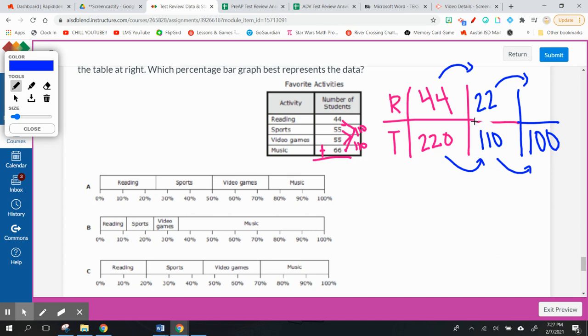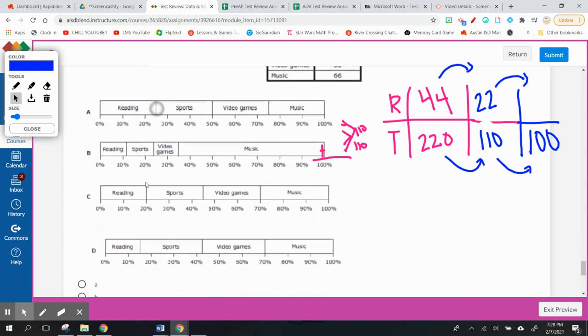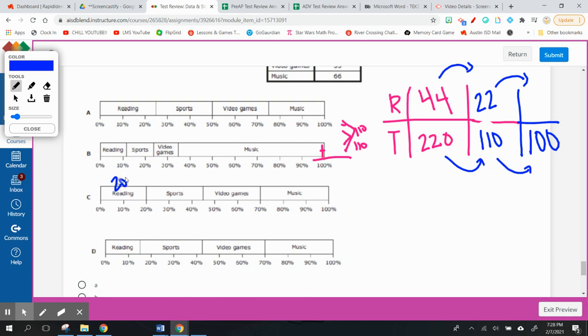Because 22 out of 110, that is pretty close to 100. That is like ridiculously close to 100. And remember, our possible answers are 20% for reading and 15% for reading. Which of these do we think is most reasonable?